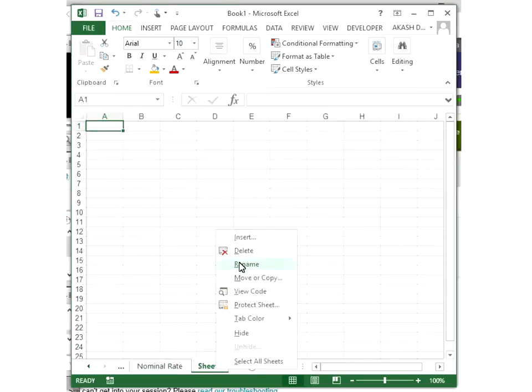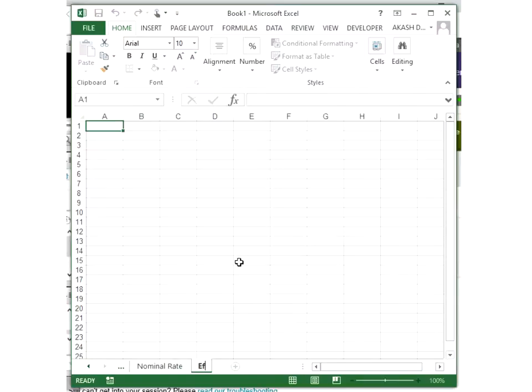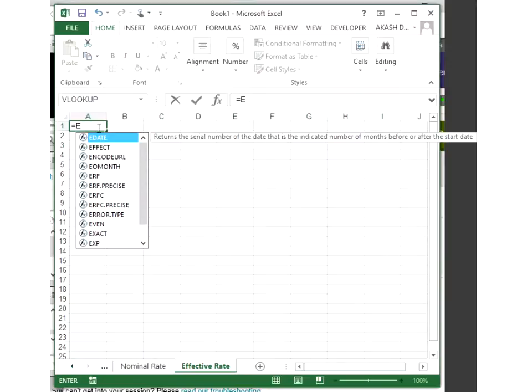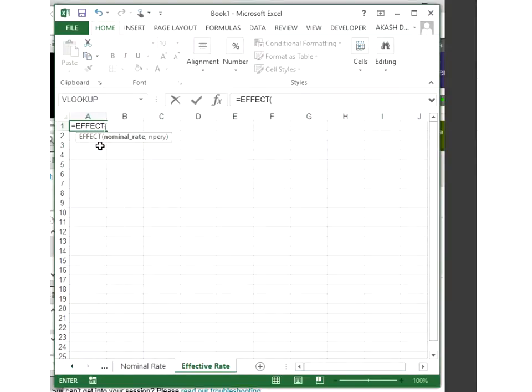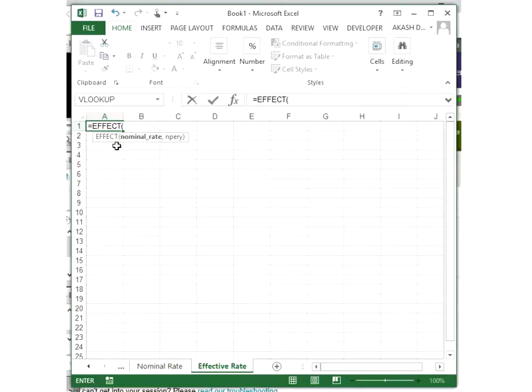Students online, can you all view Excel again? There's a very simple function in Excel called EFFECT. You start typing equals EFFECT, and you can see that it's already popped up. I can double click it, and it asks for the nominal rate, comma, number of periods.